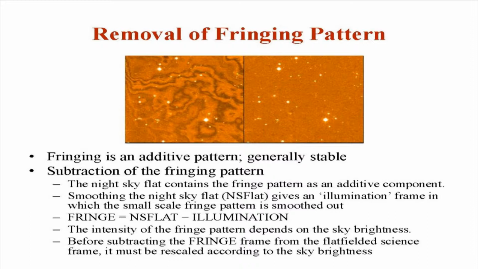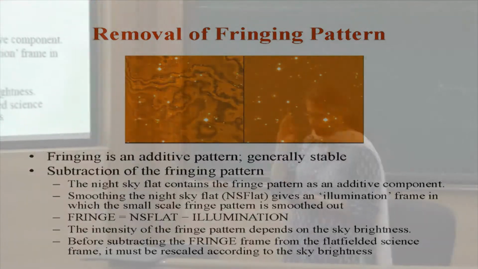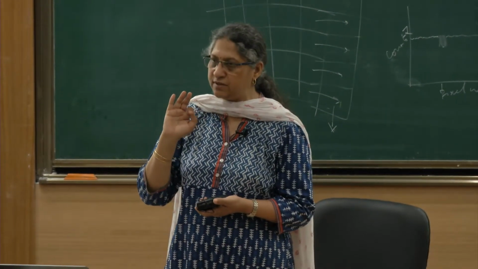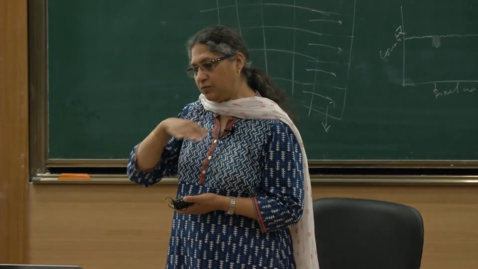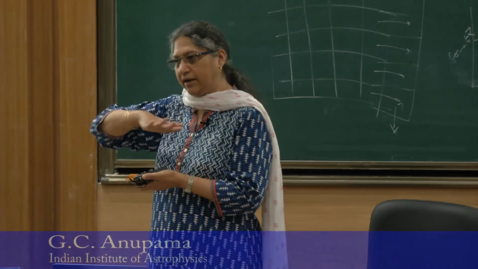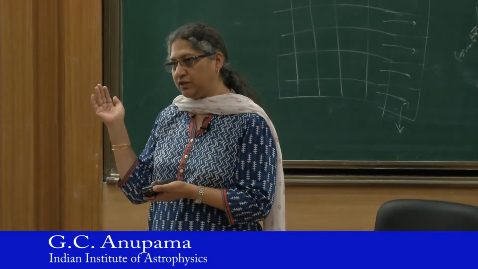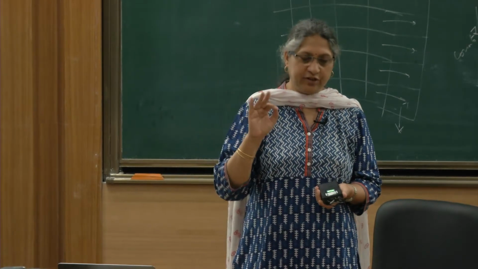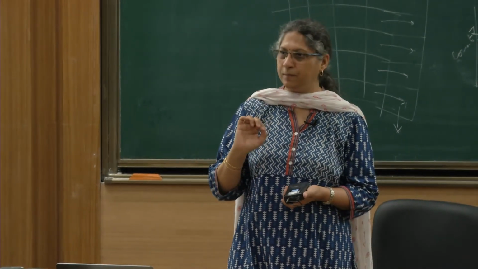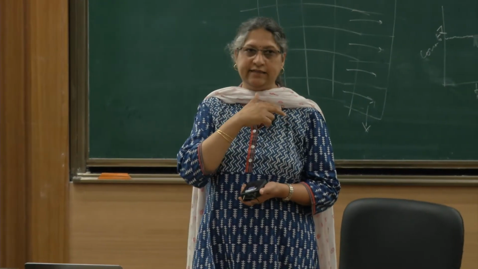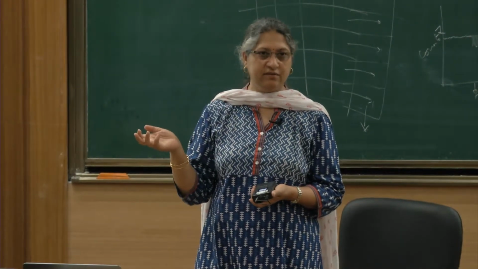This you can treat as the night sky flat, for instance, and then the heavily smoothened night sky flat will give you this uniform background source. When you subtract it from this night sky flat, you're left with only the fringe pattern. So this you can subtract out from the images which have the fringing defect.